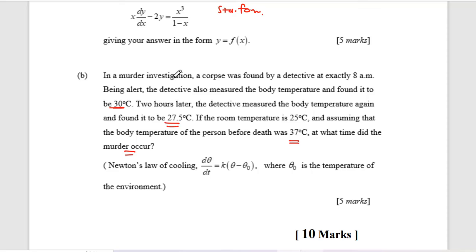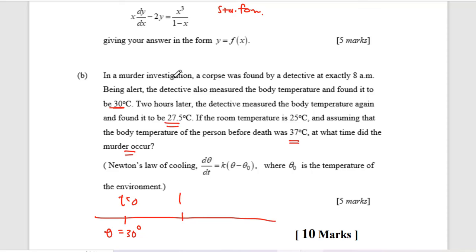So this one kita boleh gunakan Newton's law of cooling, dθ/dt equals k(θ minus θ0). Okay, θ0 ni maksudnya room temperature lah, which is 25 degrees Celsius. So untuk kita nak make it simple dan senang untuk awak tengok, awak boleh buat number line. Okay, awak buat timeline dia. Tadi, bila t sama dengan 0, bila first dia dijumpai, θ dia sama dengan 30 degree Celsius.